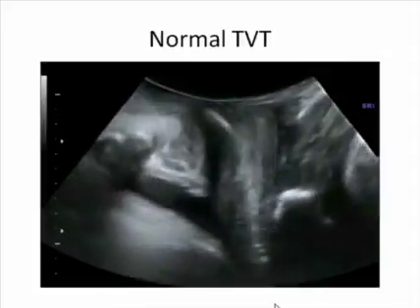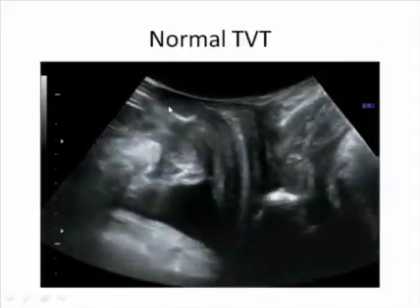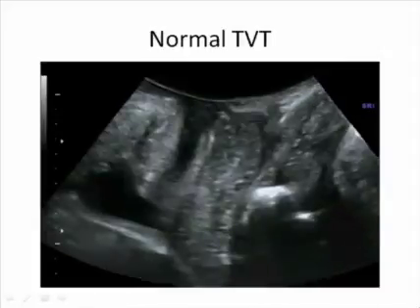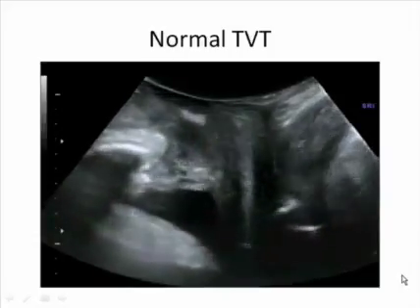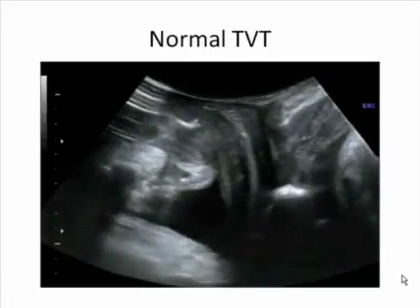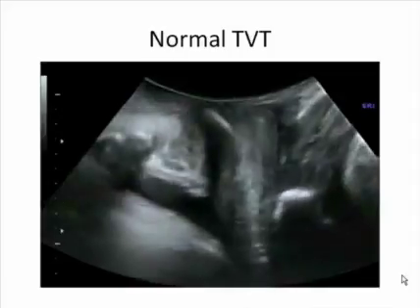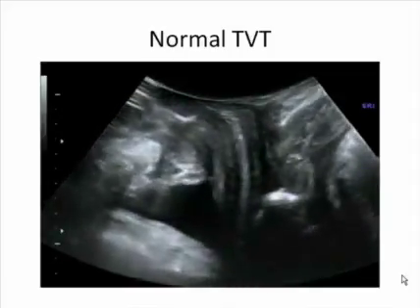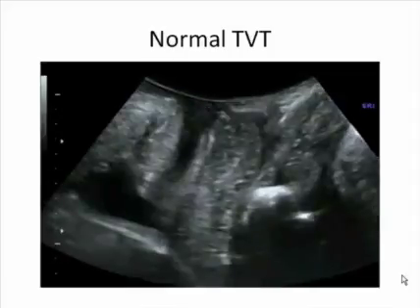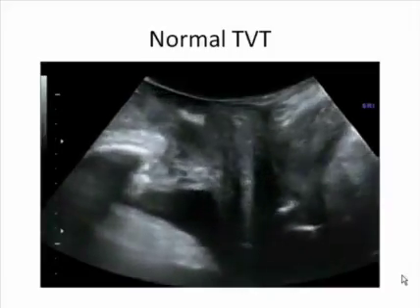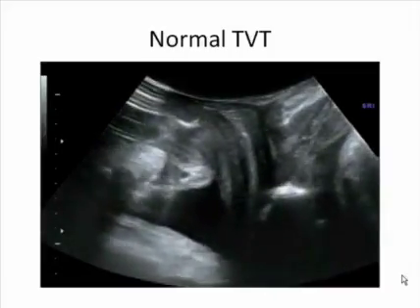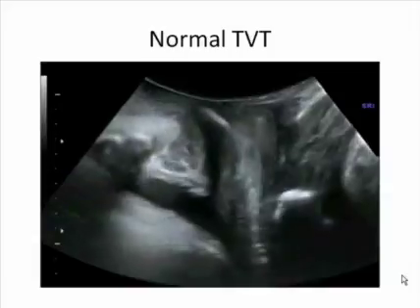This is a normal patient, and we can see this echogenic structure right here, which is actually the tension-free tape, the TVT, which amazingly enough moves that much and causes the urethra not to bulge or funnel, and this would be a normal.